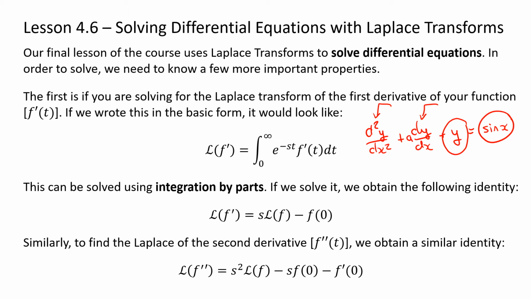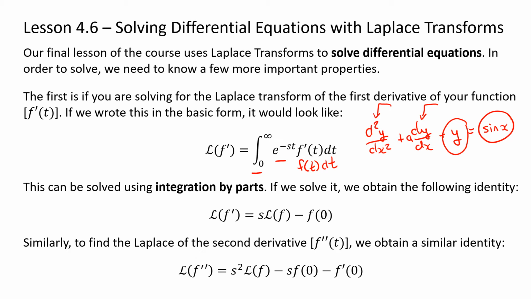Well, if we go back to basics, the Laplace transform, if you remember all the way back to the first part of the previous lesson, 4.5, it was the integral from 0 to infinity of e to the exponent negative st, and originally it was f of t dt.